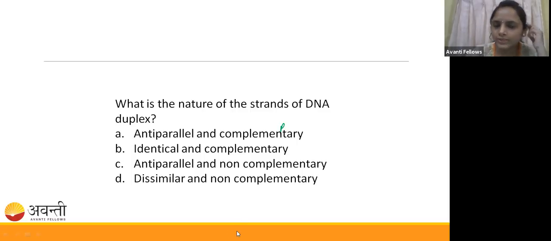Okay, guys, I'm going to end the poll and share the result with you. All of them chose option A. We know that the strands of the DNA are antiparallel in nature.